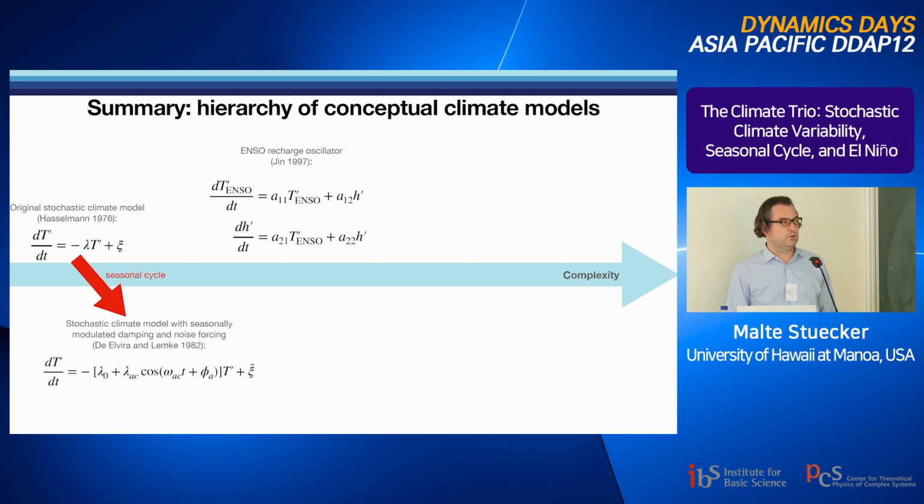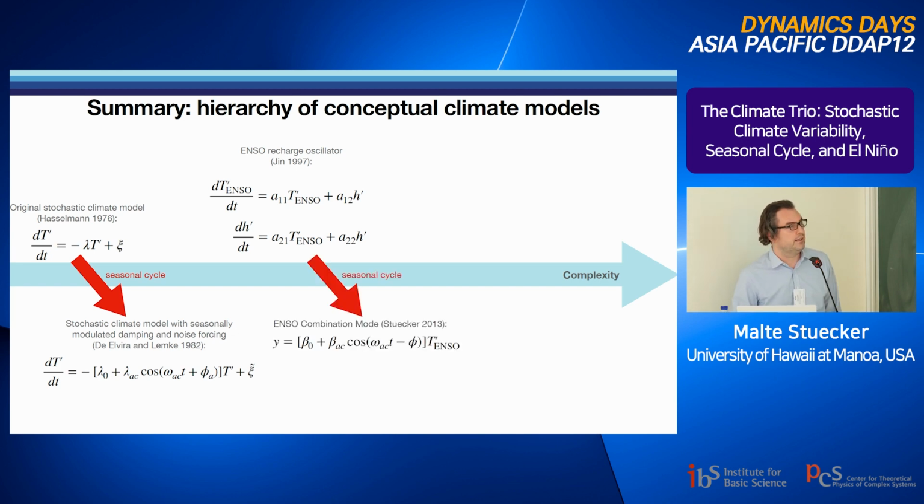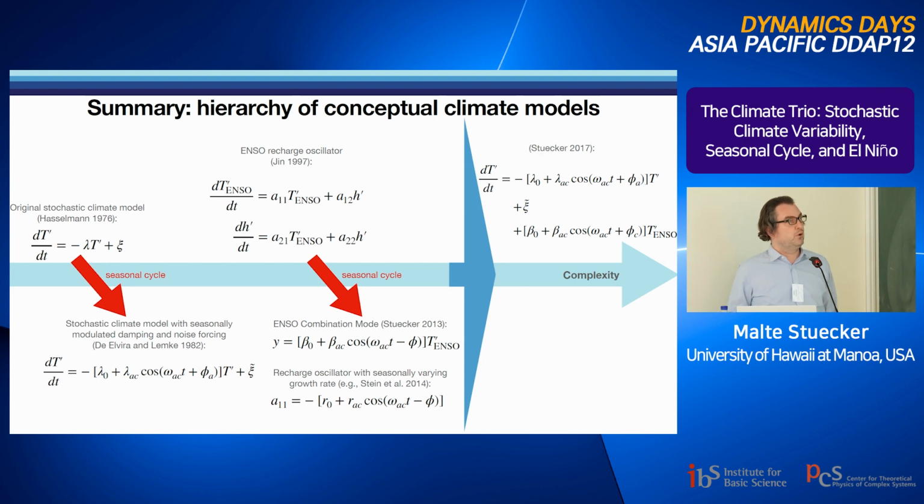Then we talked about 2 important extensions of them: the D'Elvira and Lemke model, and including the seasonal cycle in our understanding of ENSO, through teleconnections and also within the internal dynamics of ENSO itself. And if we put all this together, we come up with this model that is quite neat for describing a lot of the variability outside of the tropical Pacific.